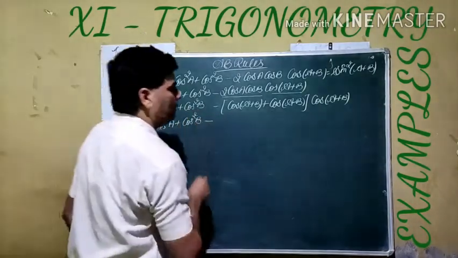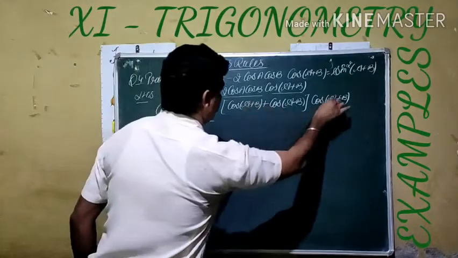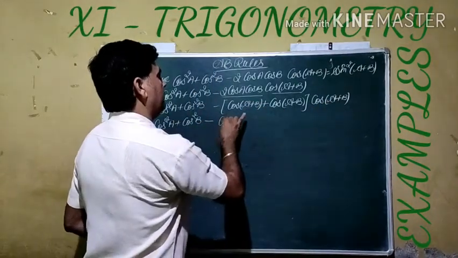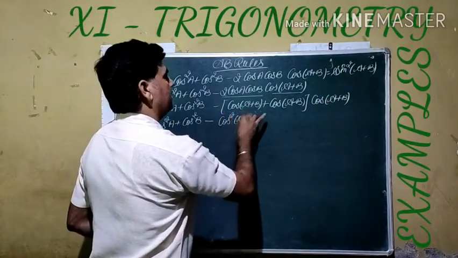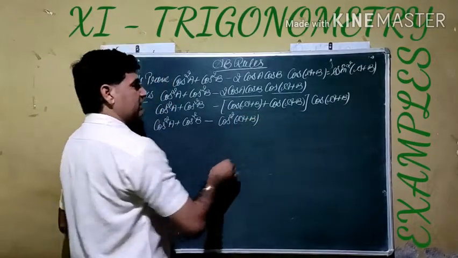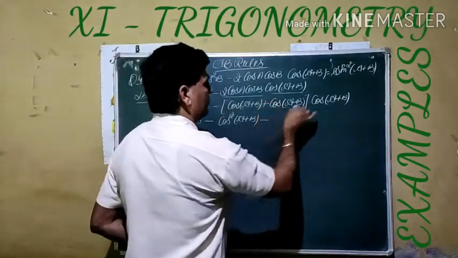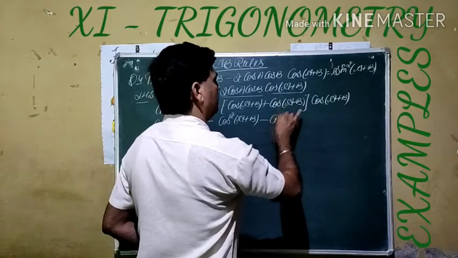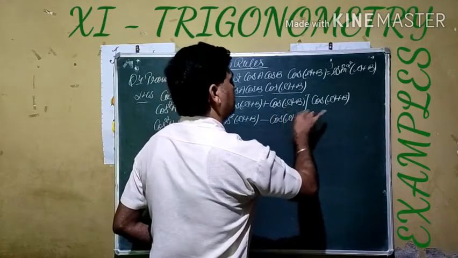Now, as we open the bracket, cos(A + B) multiplied by cos(A + B) becomes cos²(A + B). Next, a minus sign comes here: cos(A + B) multiplied by cos(A − B).